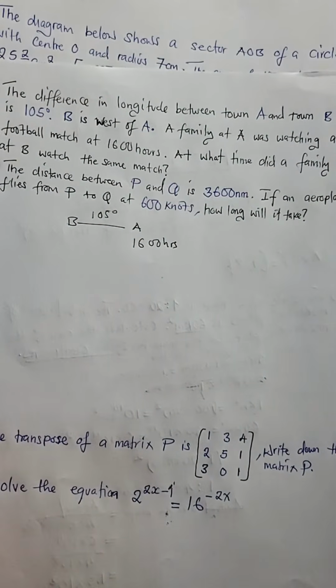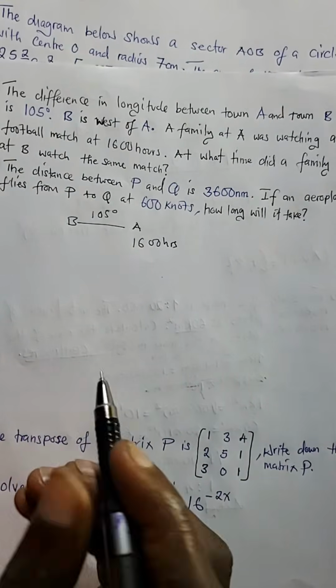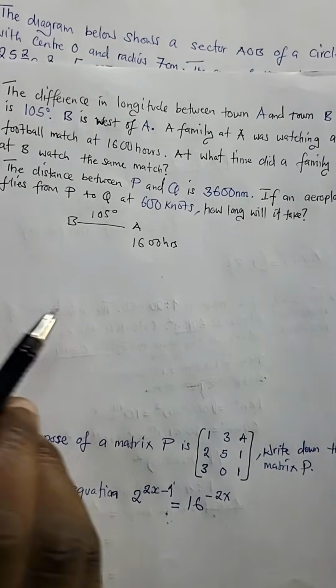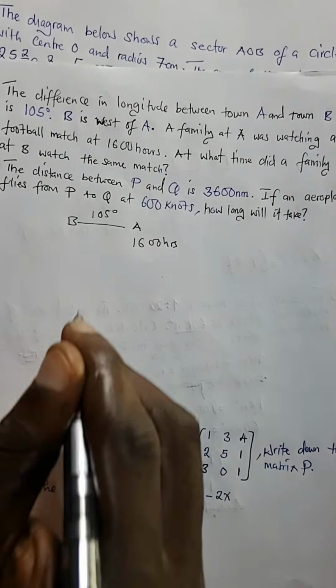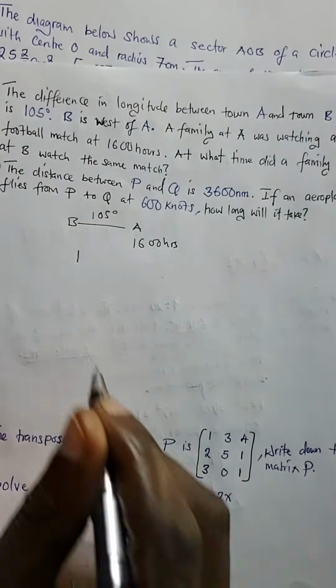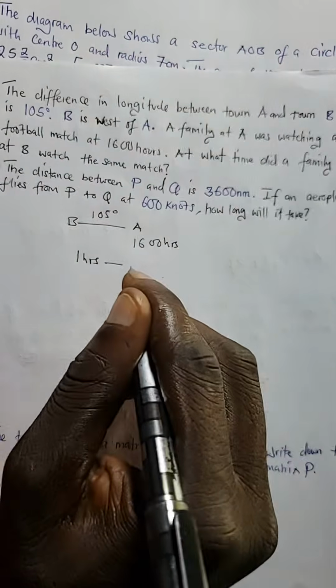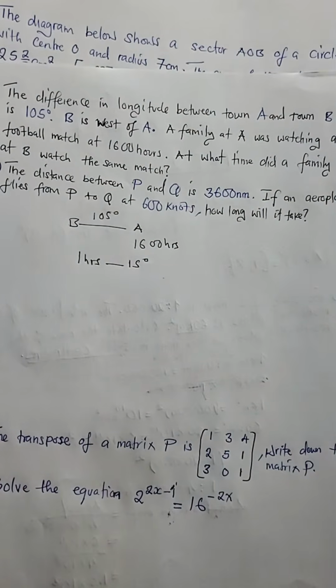Then they're asking, what time did the family at B watch the same match? So we're going to calculate the time difference. You know that 1 hour is equivalent to 15 degrees.